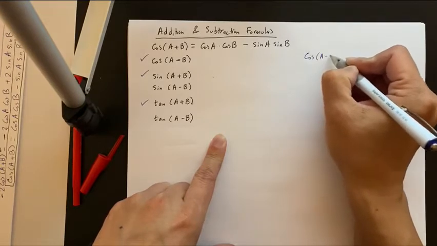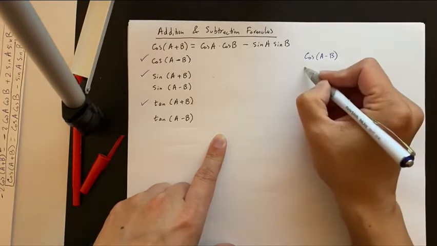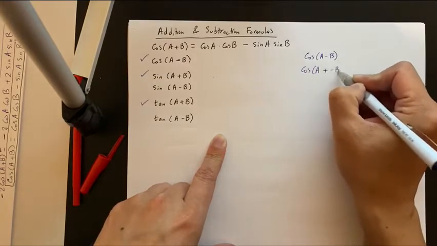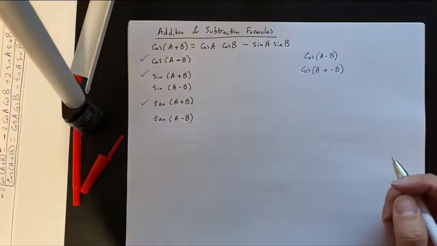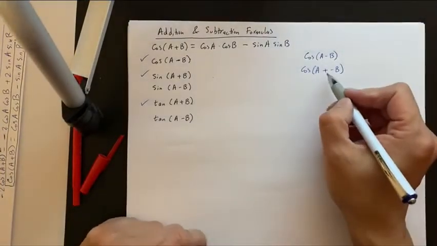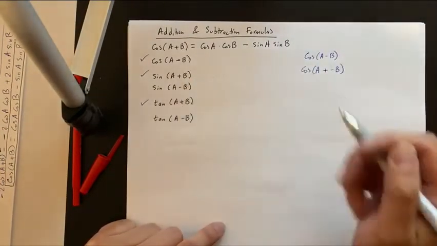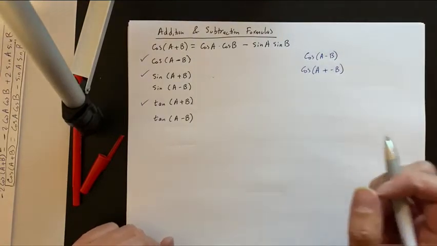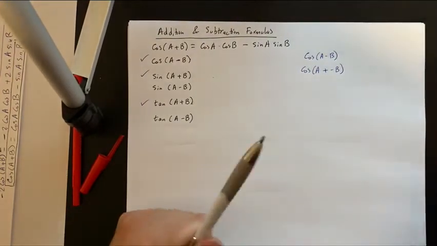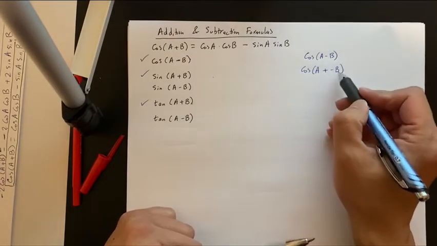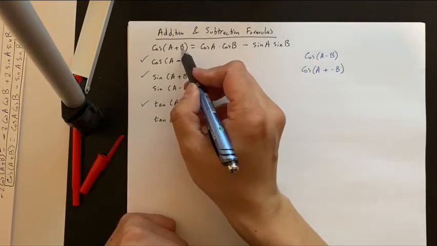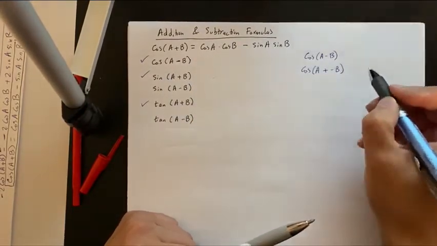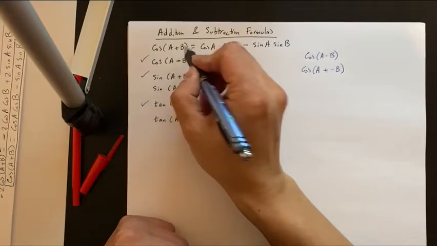Cosine of A minus B, you can view this as cosine of A plus negative B, okay? And once you can write it as a sum, you get to use the very first formula. And this is where it gets a little bit tricky because you have to train yourself to see that this B is not the same thing as that B. So when you use a formula, you have to relate what variable is referring to what.